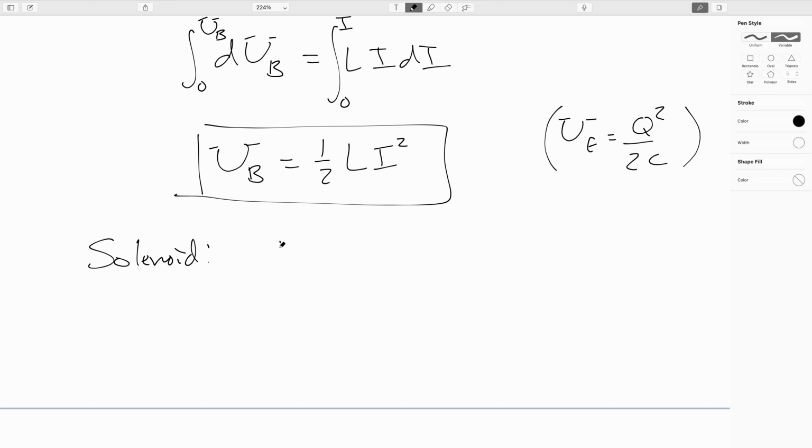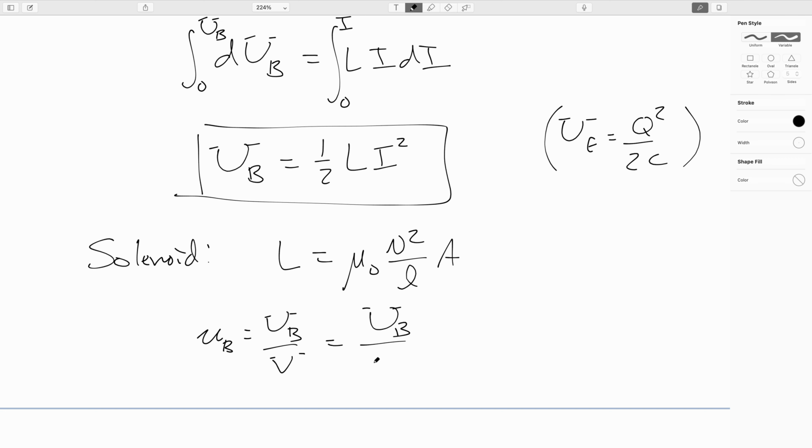And we remember that the inductance for a solenoid is equal to mu naught n squared over L times the cross-sectional area of our solenoid. So we can say that the energy density, which is the energy over the volume, would be the magnetic potential energy, and the volume would be the length of the solenoid times the cross-sectional area. So we can put in 1/2 Li squared over AL.